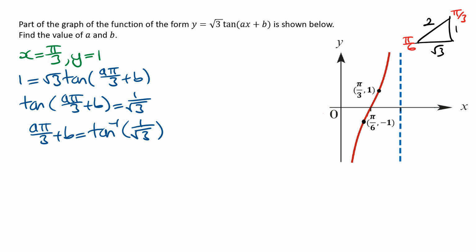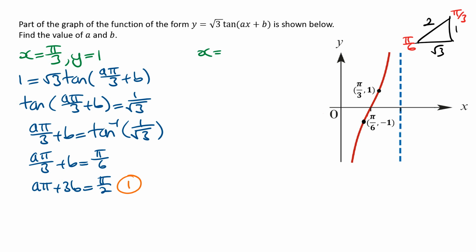And so this means that tan inverse of 1 on root 3 is equal to pi on 6. And so the angle a pi on 3 plus b is going to equal pi on 6. If we multiply both sides by 3 to get rid of the denominator, we're going to get a pi plus 3b is equal to pi on 2. And so this is going to be our first equation in terms of a and b.